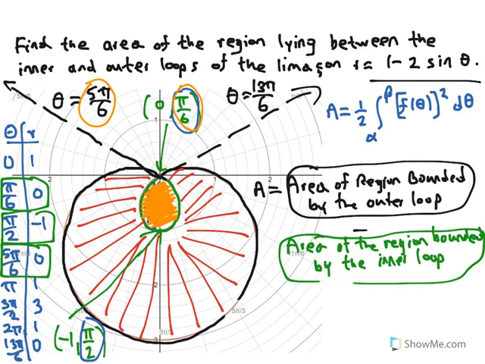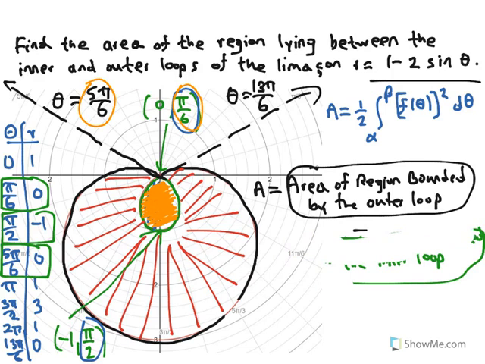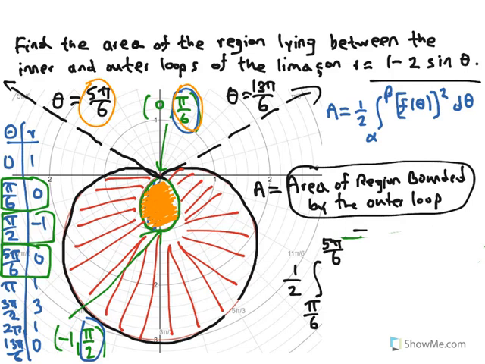Replace the words in green, area of the region bounded by the inner loop. That's going to be given by this definite integral. So we're going to have 1/2 times the definite integral from pi over 6 to 5 pi over 6.